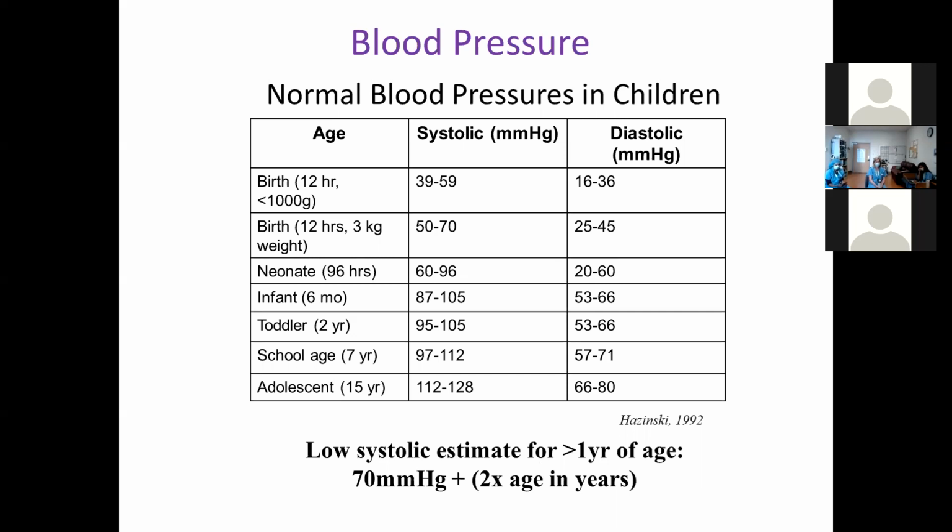Sometimes we measure BP by automatic BP machine. When the child is hypotensive, unfortunately, the automatic BP machine may not give you a reading. So the gold standard is to do a manual BP and listen over the pulse to get a manual systolic BP.